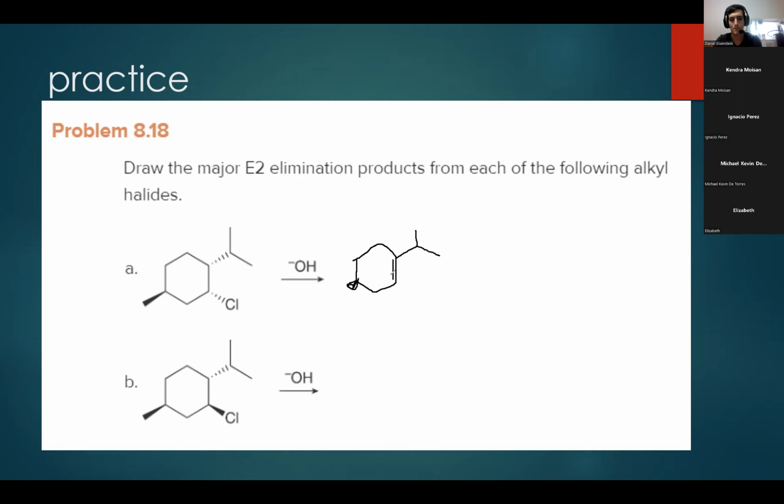So this chlorine here is trans to this one, right? So it can happen in that direction. Now it may also be trans to this one.